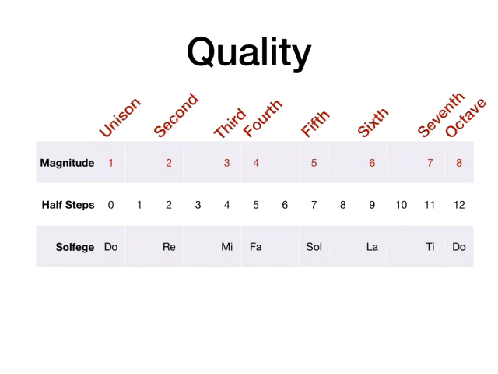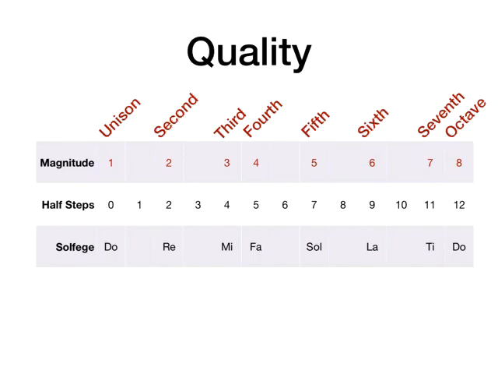So from do to do, it's the same note, 0 half steps. Magnitude 1, and so we call it a unison. Do to re is a second, do to mi is a third, and so on. Do to high do, we're spanning 8 letters, but we don't call it an eighth, we call it an octave.